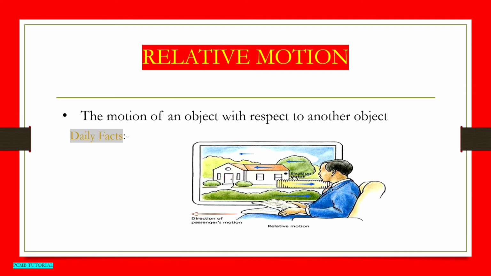When we are traveling in a train or bus and sitting beside a window, we must have realized that the outer world is moving backward and we seem to sit still. Here comes the concept of relative motion. Here the relative motion of the tree and the house is in the opposite direction of the passenger's motion.